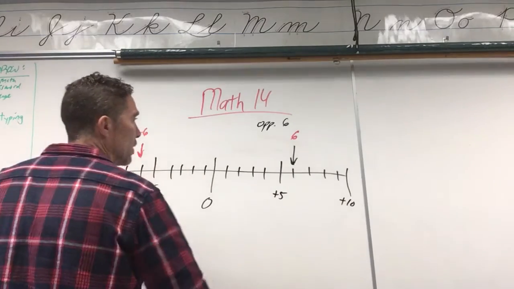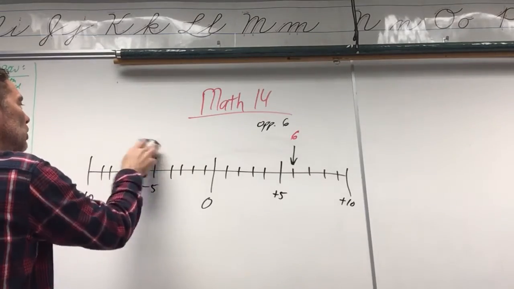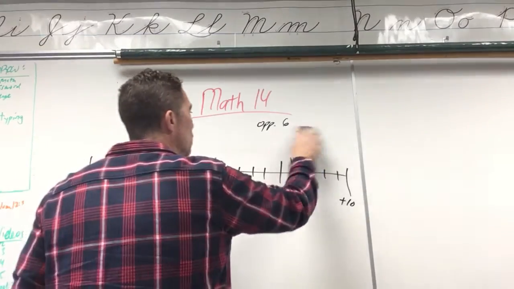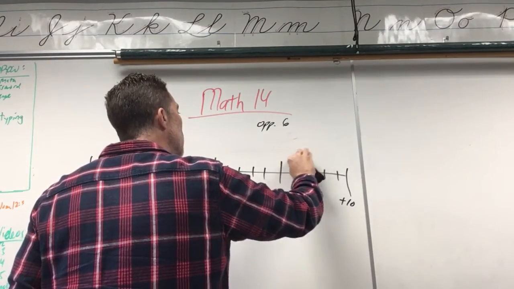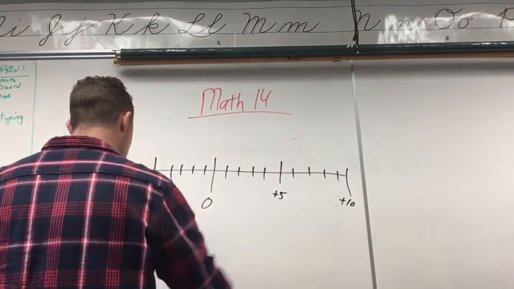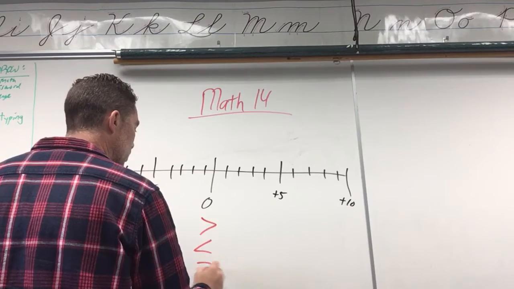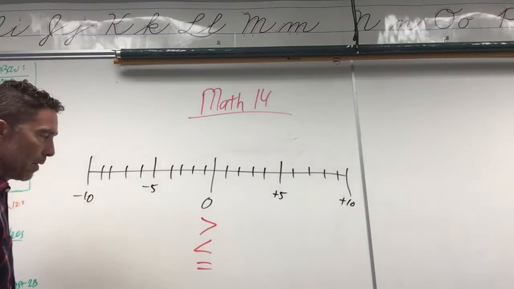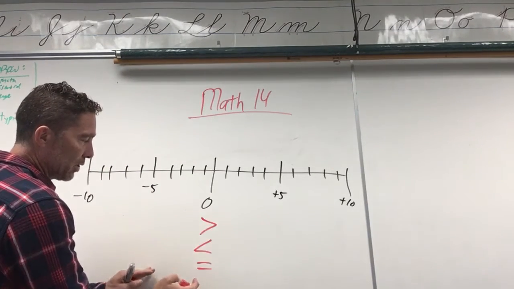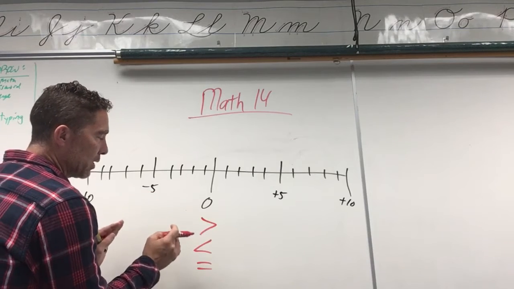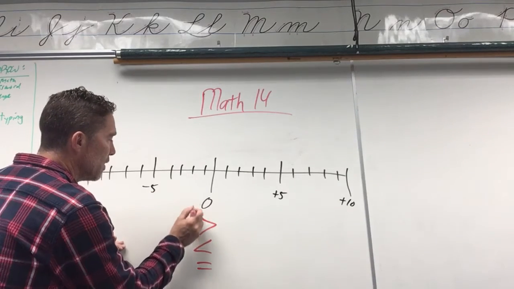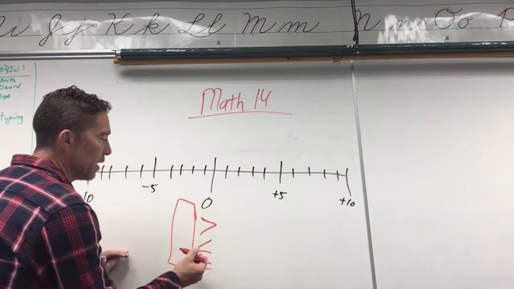Pretty self-explanatory there. When it comes to positive and negative numbers and which ones are larger, if we were to do the greater than, less than, equal to, let's pause a minute here. Whenever we talk about these, to keep from getting messed up, we're always talking about this side over here.